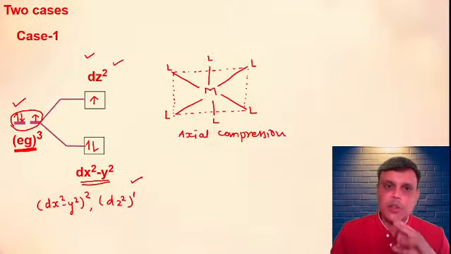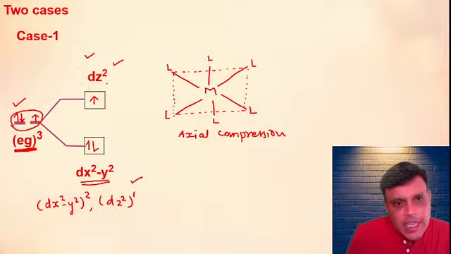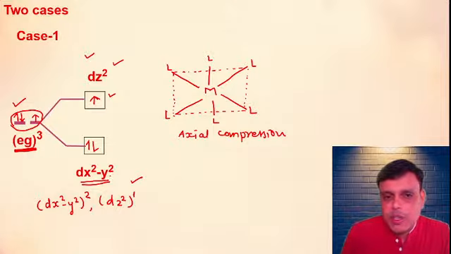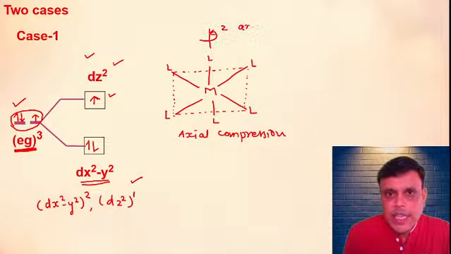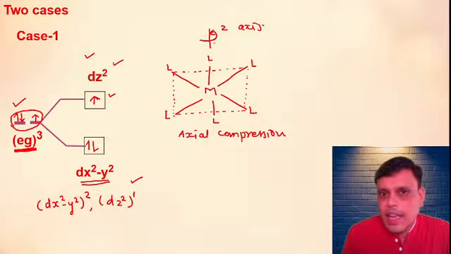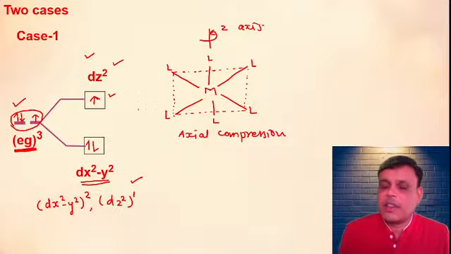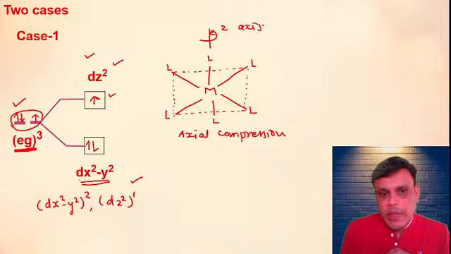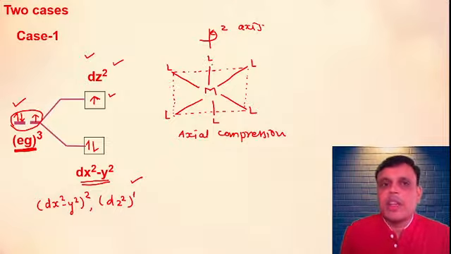See here, in dz square only one electron is there, and in dx square minus y square 2 electrons are there, and this is your z axis. dz square orbital is along the z axis, and dz स्क्वायर में एक ही इलेक्ट्रॉन है, मतलब dx स्क्वायर माइनस y स्क्वायर से कम है. तो z एक्सिस वाले बॉन्ड्स की बॉन्ड लेंथ भी कम होगी.